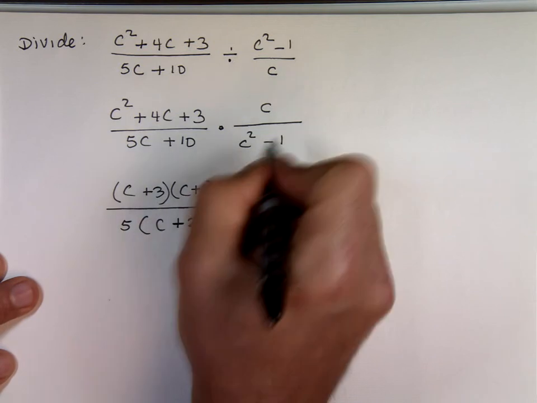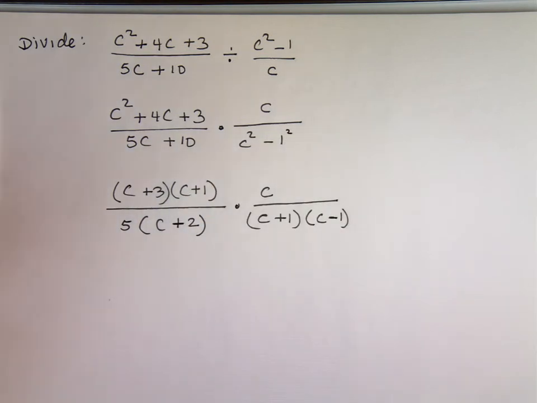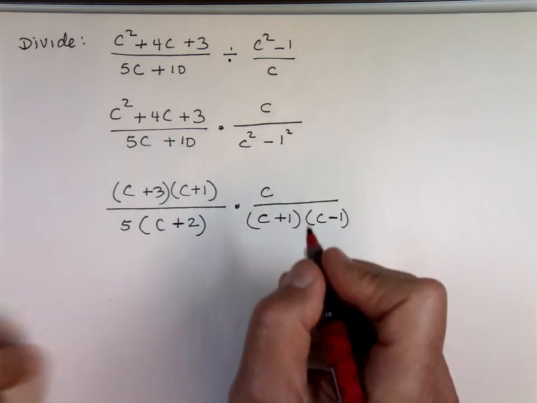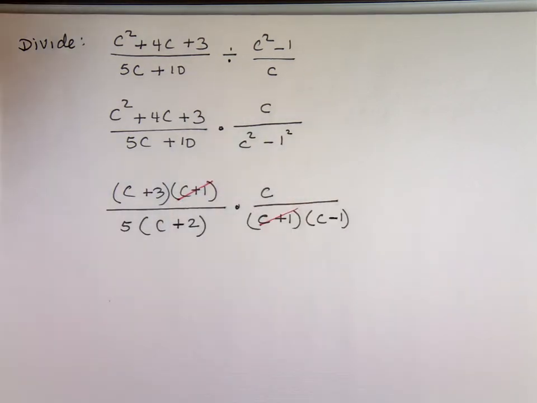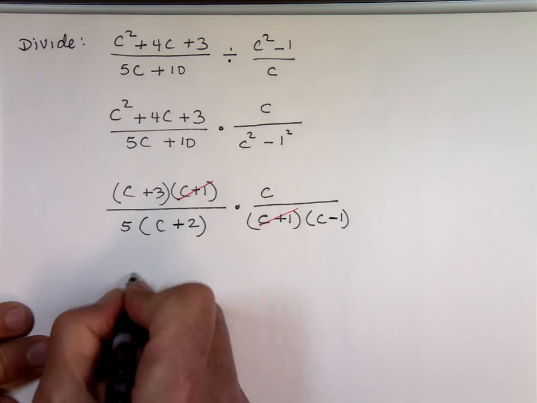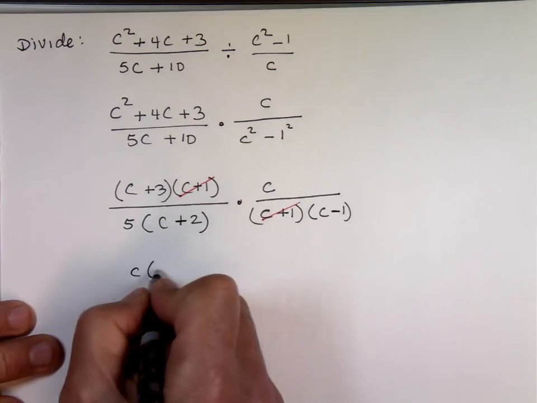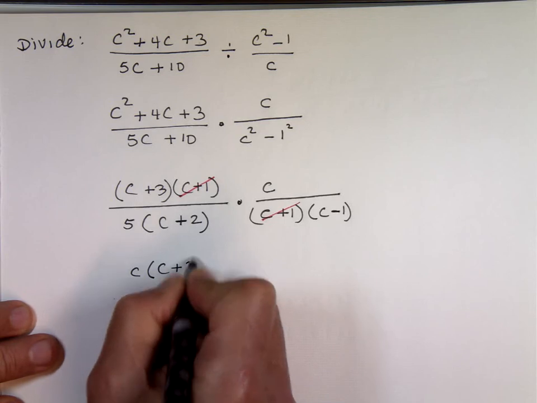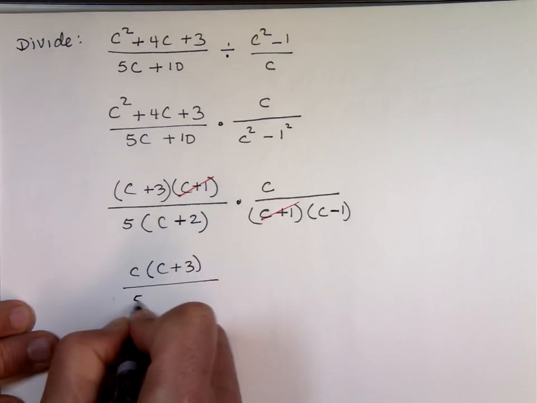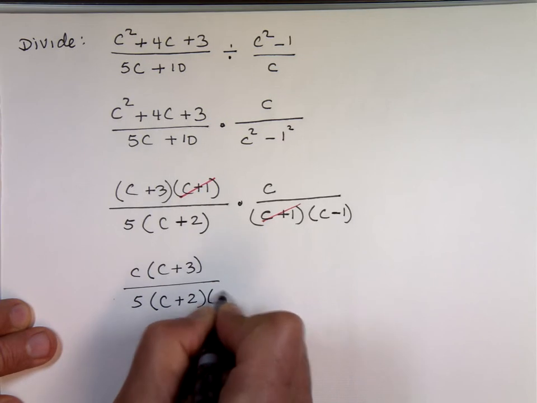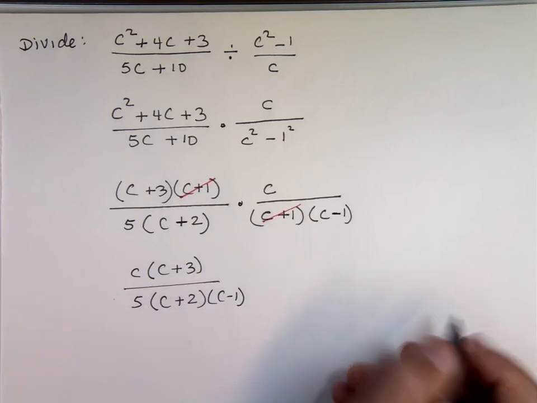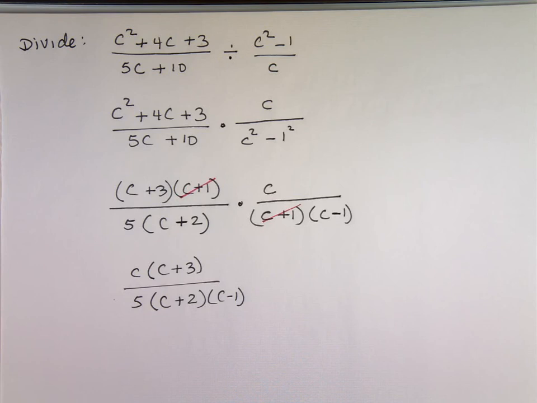We just don't put it there. So I see c plus 1 common to both of them. So my answer is c times c plus 3 over 5 times c plus 2 c minus 1. And you can leave it like this or multiply it out. Either way is fine.